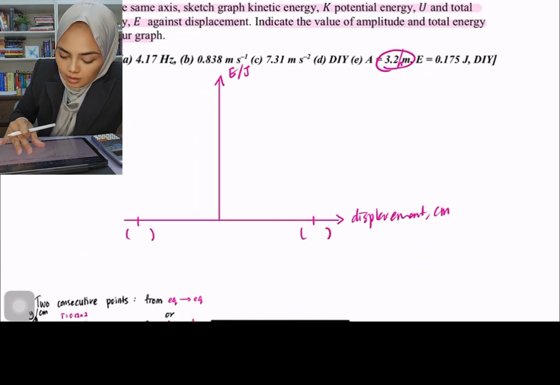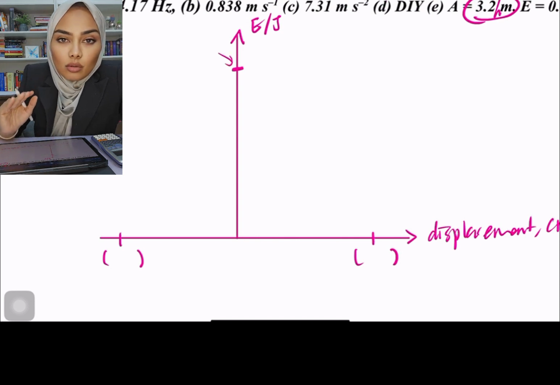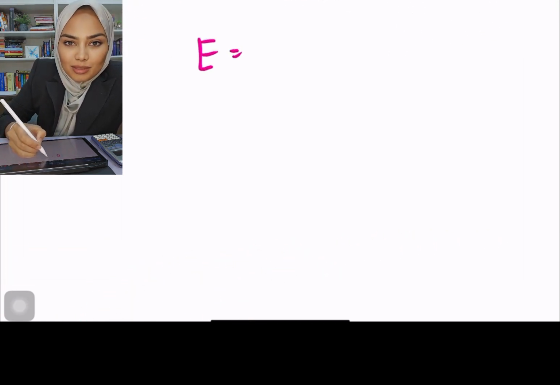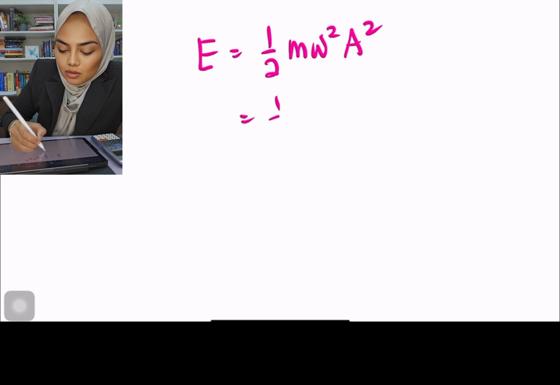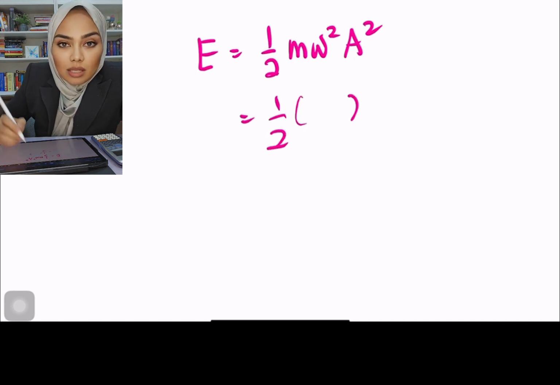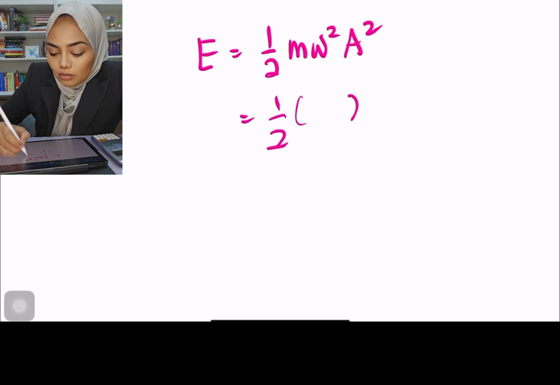Okay, now we want to focus on getting the value of the total energy. So equation for total energy, siapa tahu? 1/2 m omega squared a squared. So you add in the value, the mass is already given, which is 0.5 kilograms. The question gave us 500 grams, so yeah, you change it into kilograms.